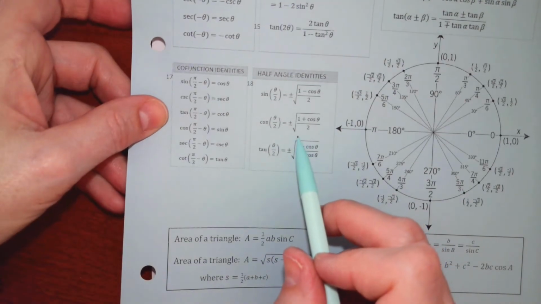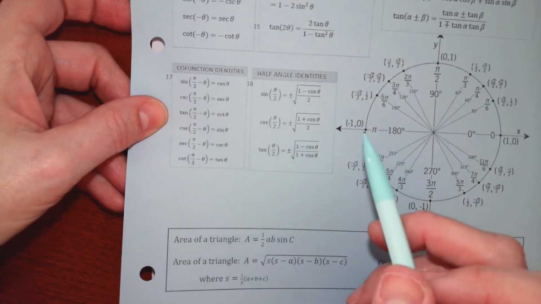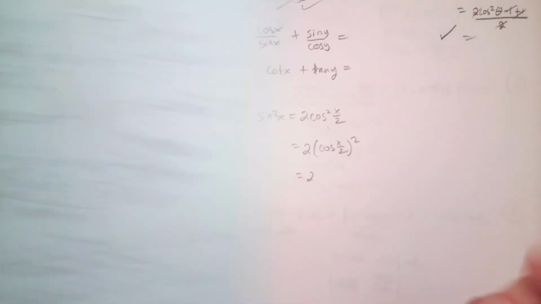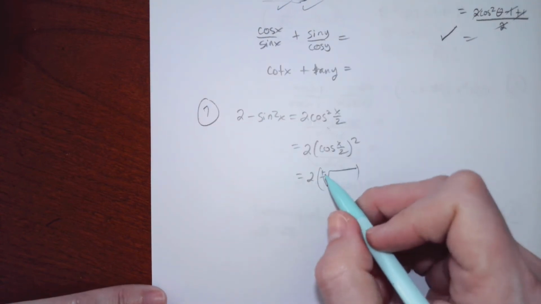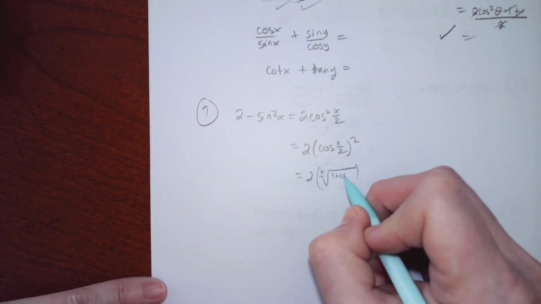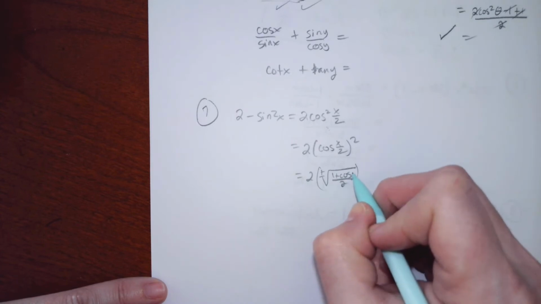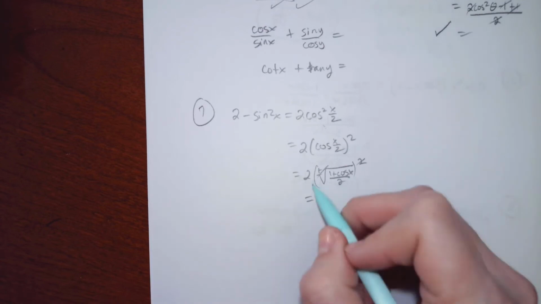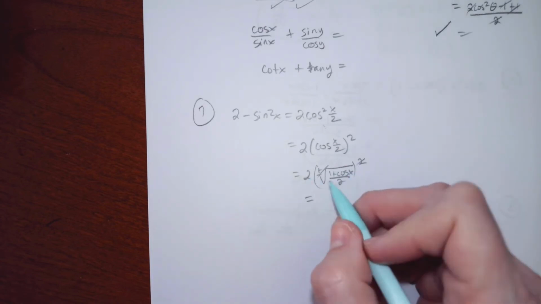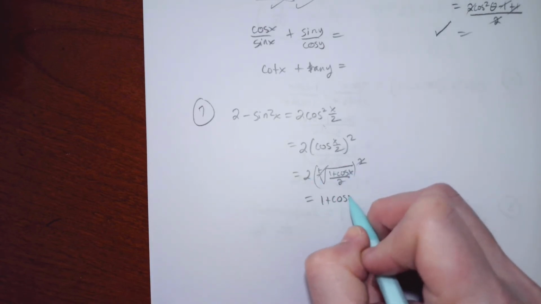So I'm going to put it inside the parentheses, and we're going to square it, so this whole radical is going to disappear. So when I put that inside, plus or minus, and then inside here is 1 plus cosine over 2, and I square it, well, this knocks out. And then when that's gone, then the 2's can cancel as well. So I have 1 plus cosine left.